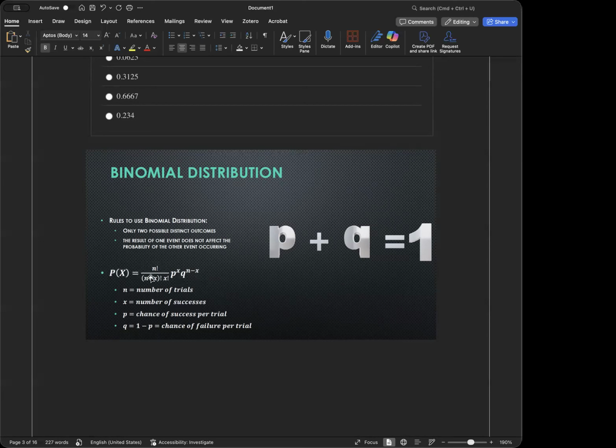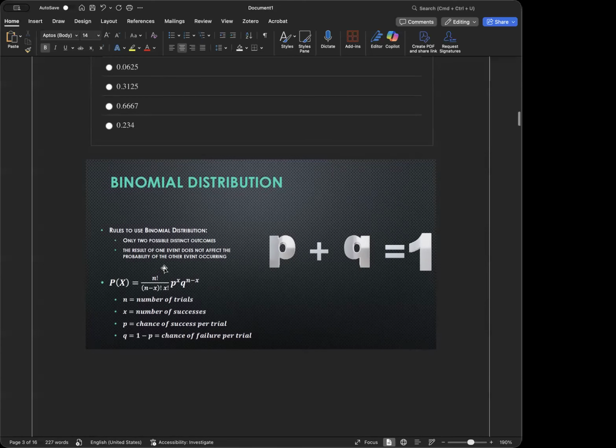So this is your number of failures, factorial, times your number of successes, factorial. And all of that is multiplied by your chances of success, p, to your number of successes, times your chances of failure, q, to the number of failures per entire trial.